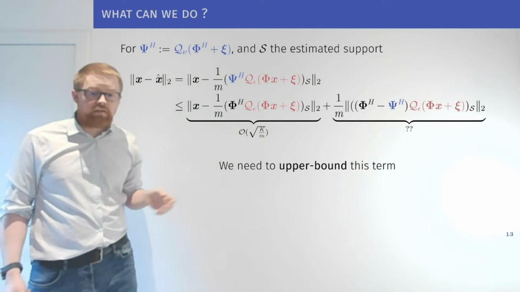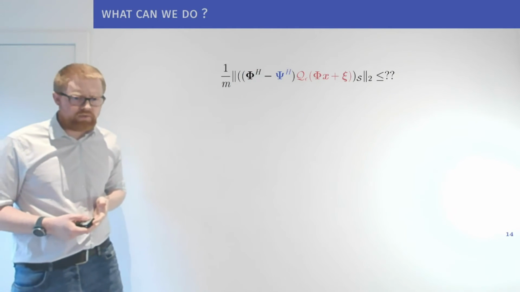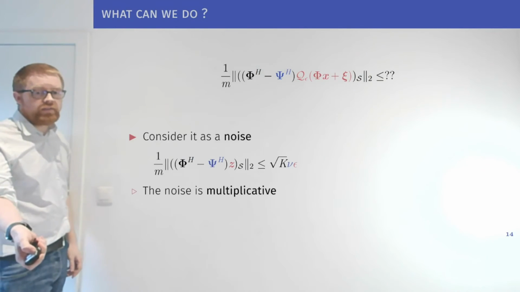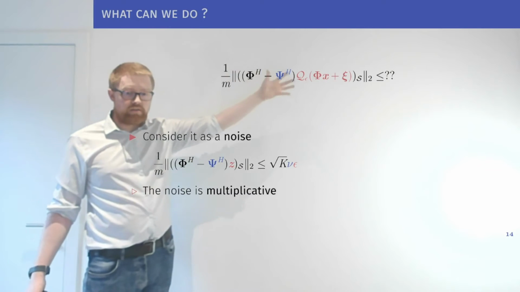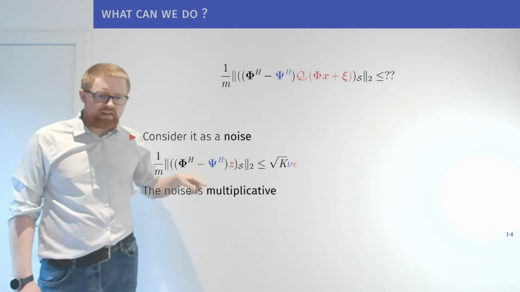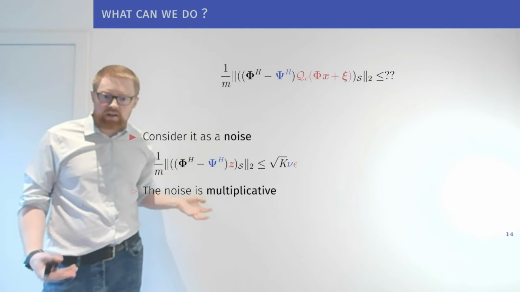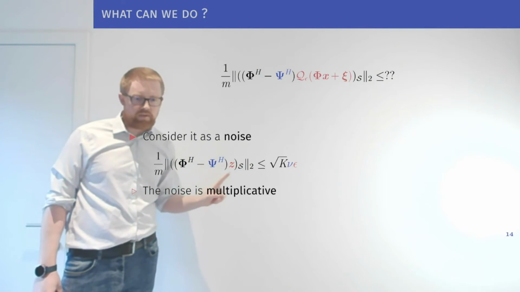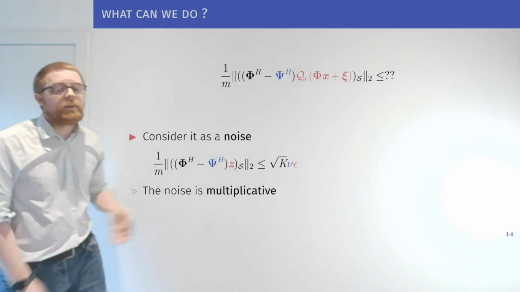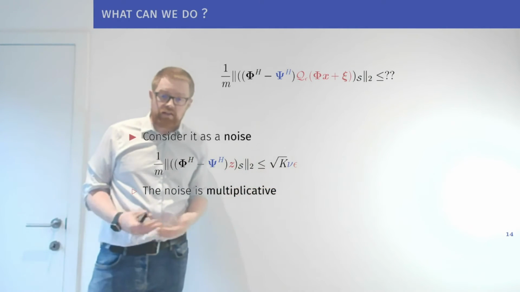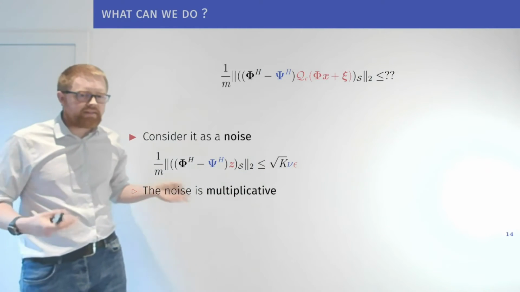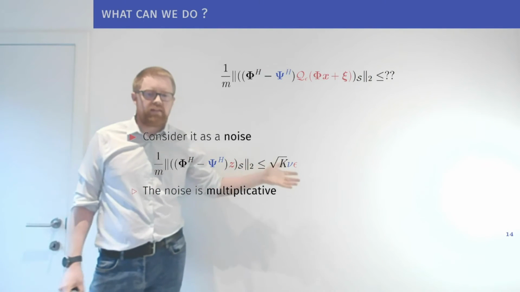So, let's look at this term. What can we say about it? Maybe a first guess would be to consider that as a noise term. But looking at the structure of the equation, we see that if this is a noise, we effectively have a multiplicative noise, because it's been multiplied by your measurement. This assumption gives you a really bad bound, because if you look at this bound, it doesn't depend on m, the number of measurements, which means that no matter the number of measurements, you will get a bad estimate.